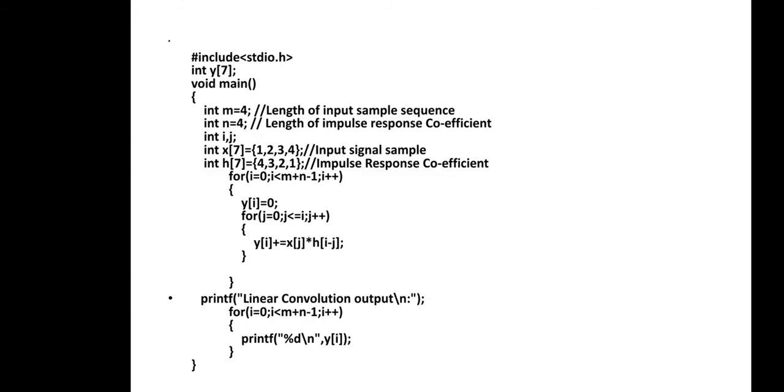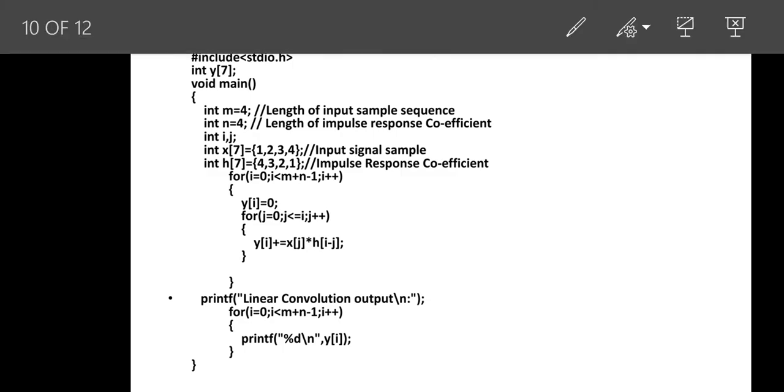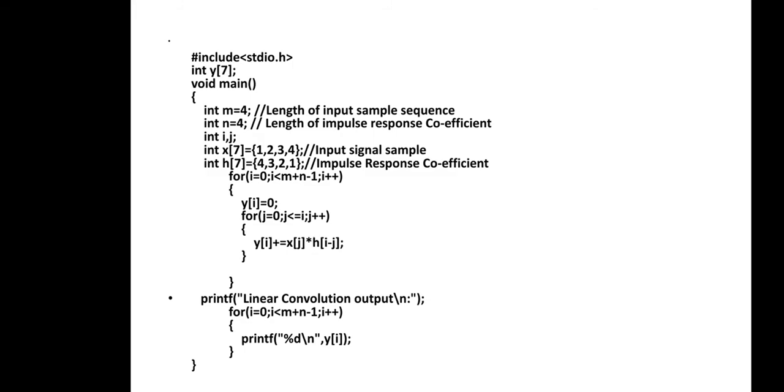Code Composer Studio is used for writing the C codes for all these DSP processors, where you select the target device, you write the C code, you debug it, and you check the output on DSP processors, similar to Keil Microvision 4 or 5, which you use for 8051 or LPC21.